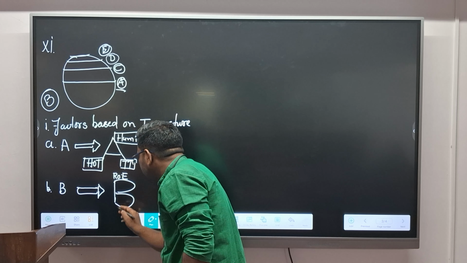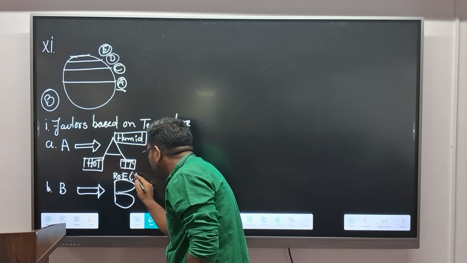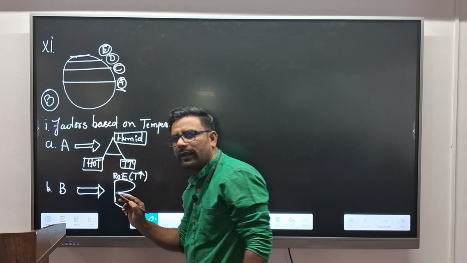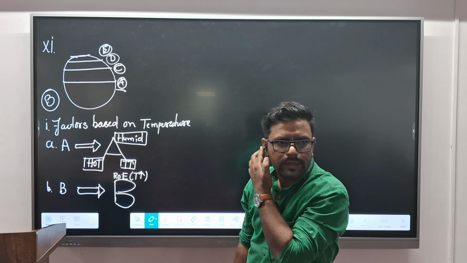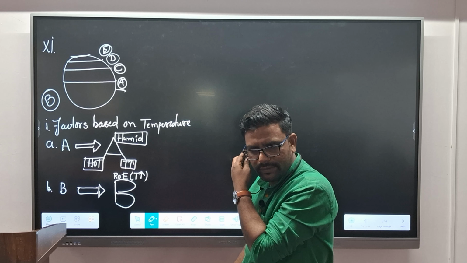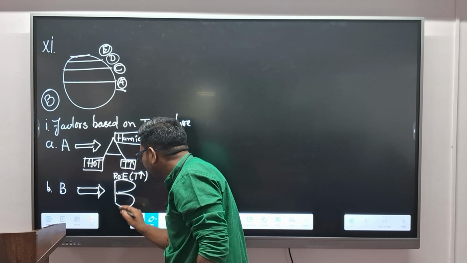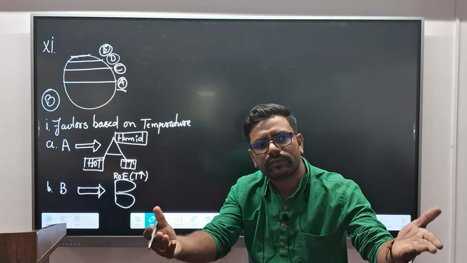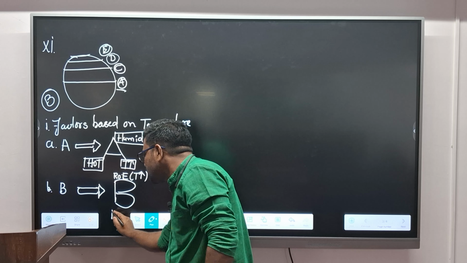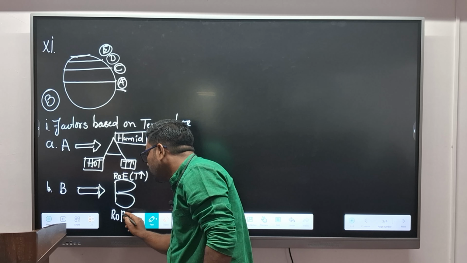Can I write more temperature? Similarly, if the rate of evaporation is more, the rate of precipitation would be relatively less.